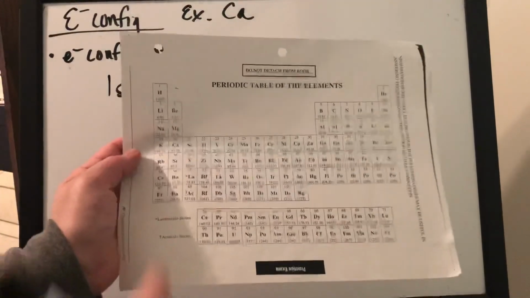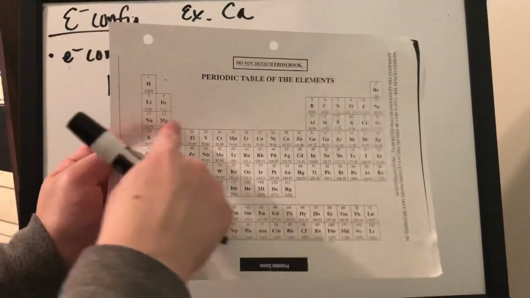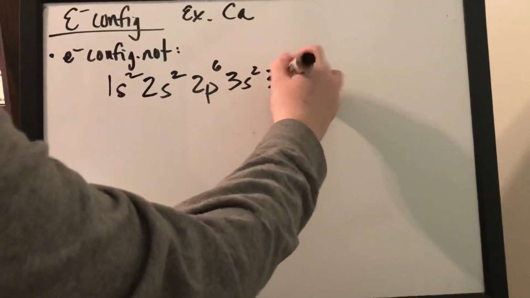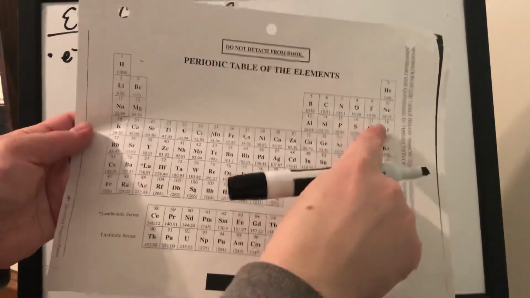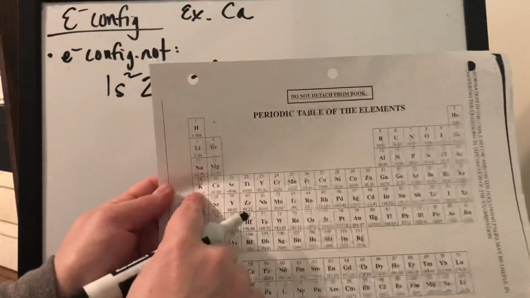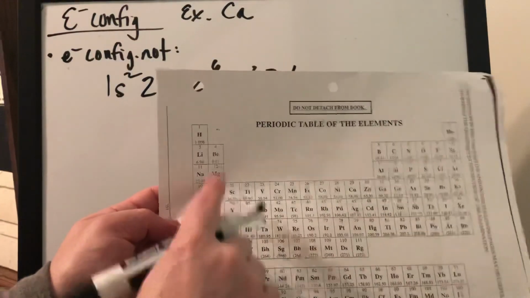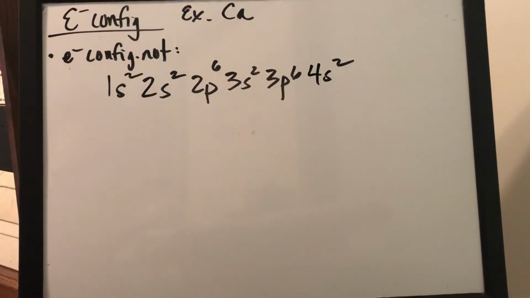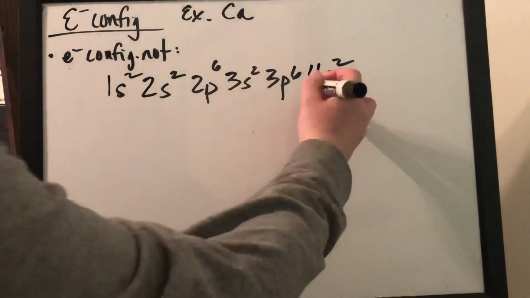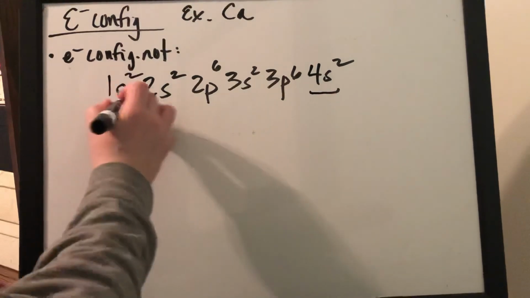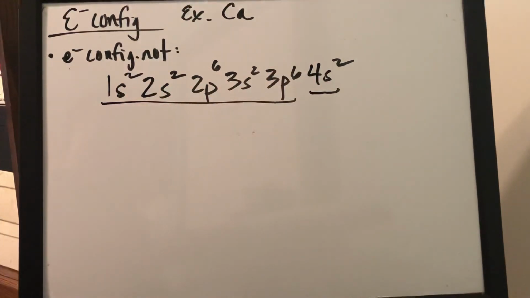Following 2p comes the 3s2, and then the 3p6. And then following 3p6, which would leave us here with argon, we go here to 4s, and 1, 2 brings us to calcium. And so that is the electron configuration for calcium. Notice the highest energy level is level 4. Those 2 electrons are the 2 valence electrons. These are all the core electrons.